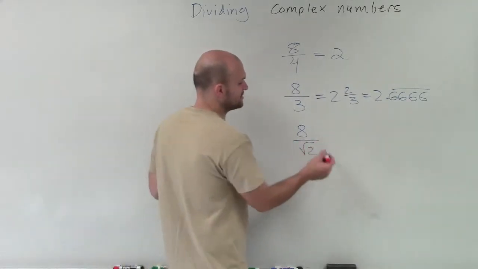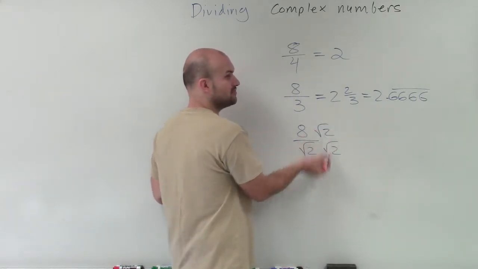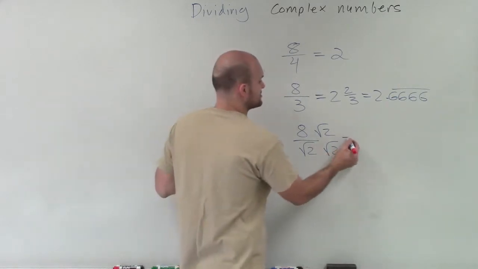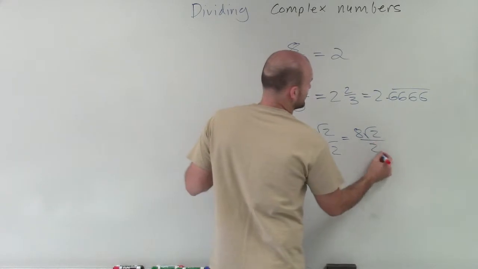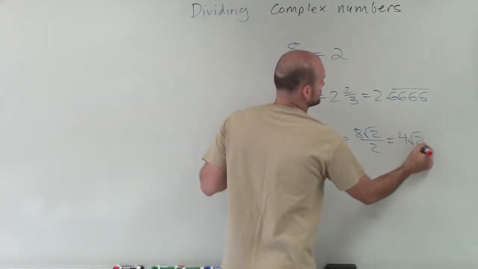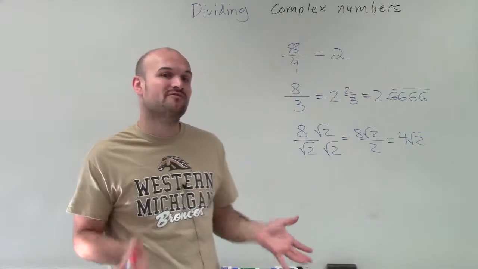So we eliminate the square root by multiplying by the square root of 2 on the top and bottom. Since we're multiplying the top and the bottom, we're keeping equivalent fractions. Therefore, we have 8 times square root of 2 divided by 2, which can be simplified to 4 times square root of 2. That's our simplified answer.